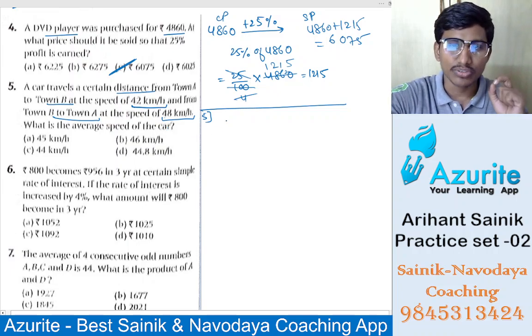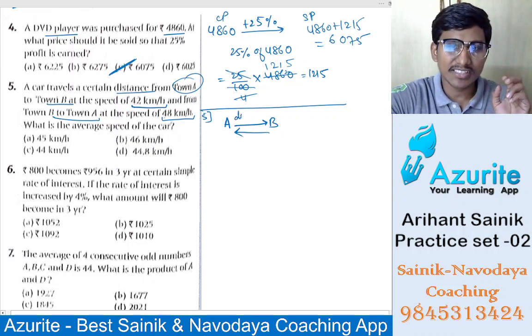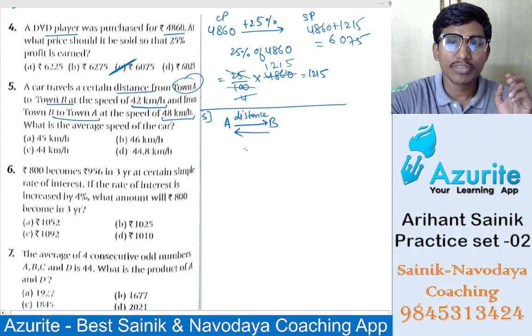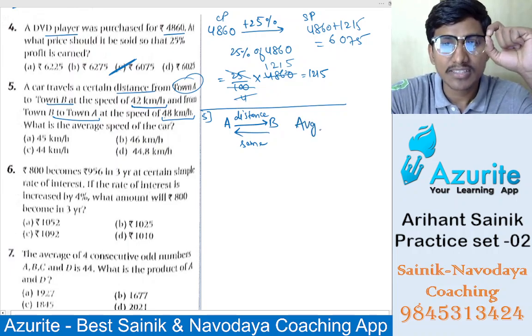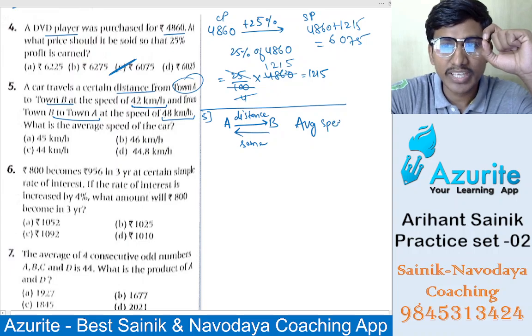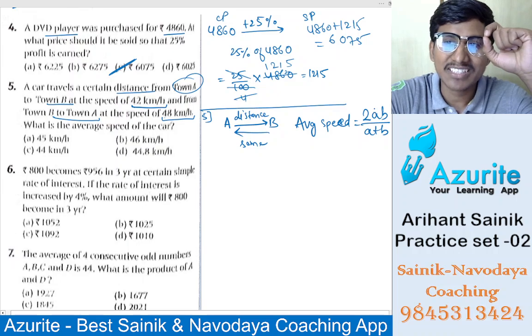In this situation, the car goes from A to B and again comes back from B to A, so the distance is the same. When the distance is the same, we use the average speed formula, which is 2ab divided by a plus b, where a and b are the speeds.